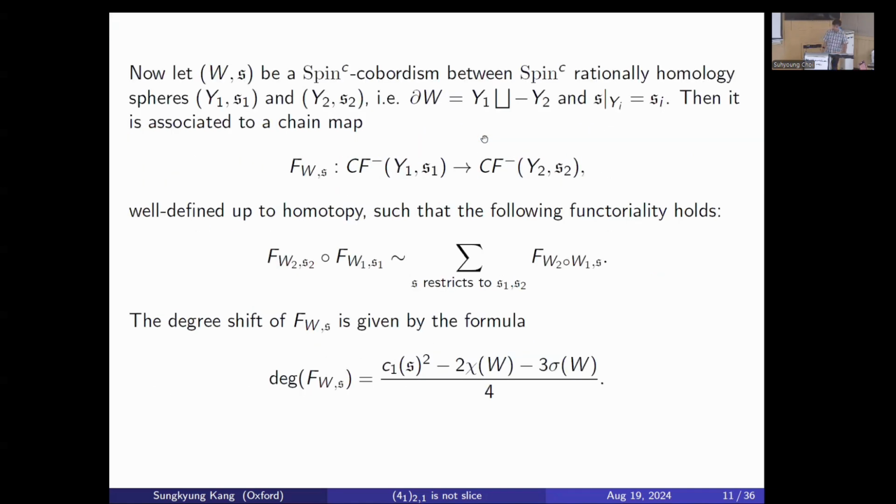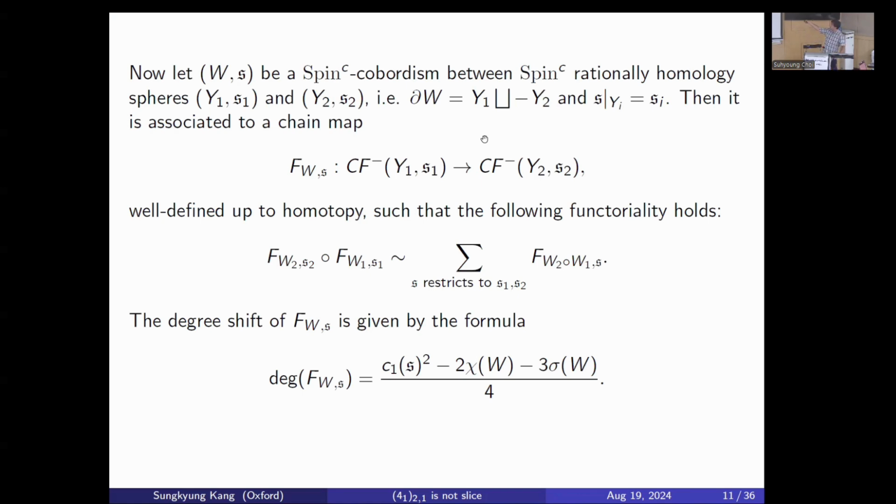Okay, so I said Floer theory is a three-manifold invariant, but at the same time, it's also a four-manifold invariant in the sense that it admits cobordism maps. If you have a spin-C cobordism between spin-C rational homology spheres, of course they don't have to be rational homology spheres, it's defined in a much more general context, but I'm trying to be as simple as possible.